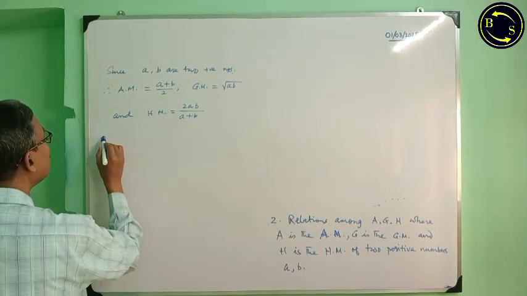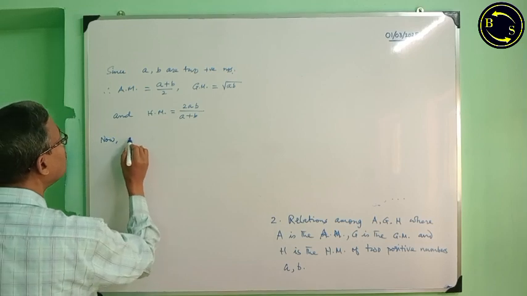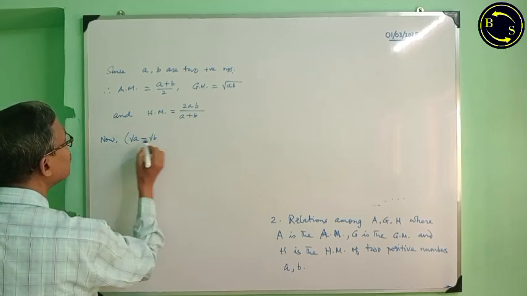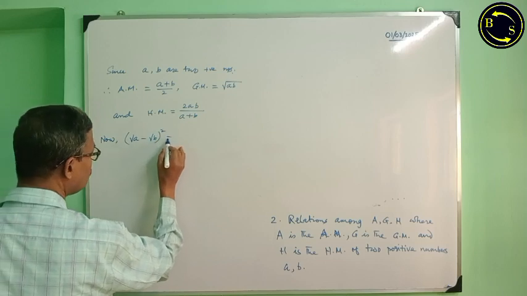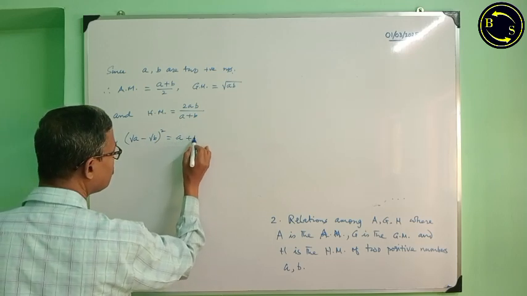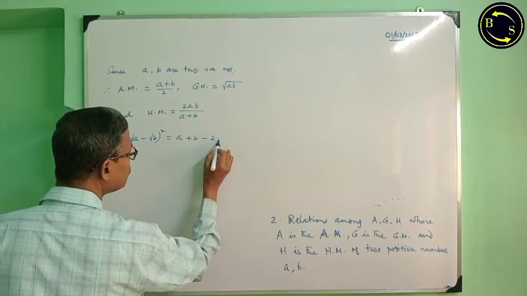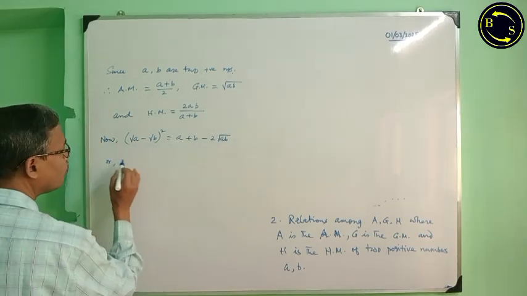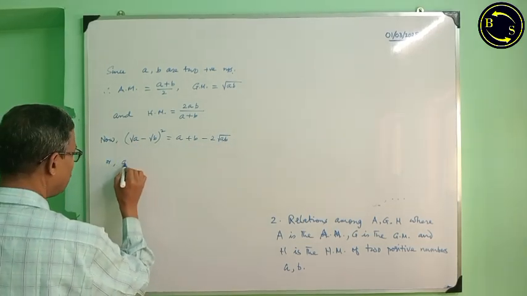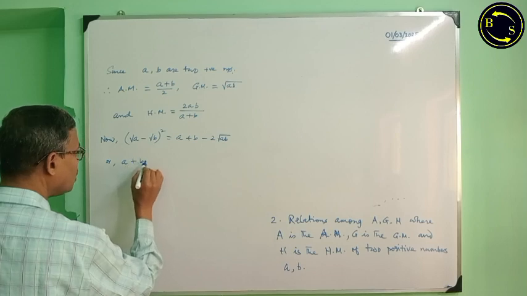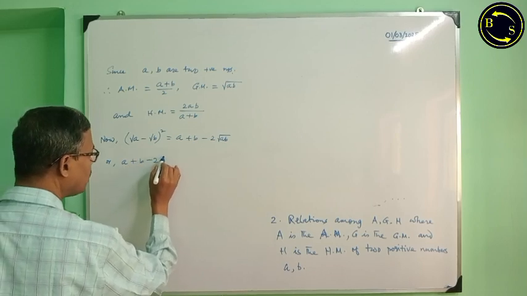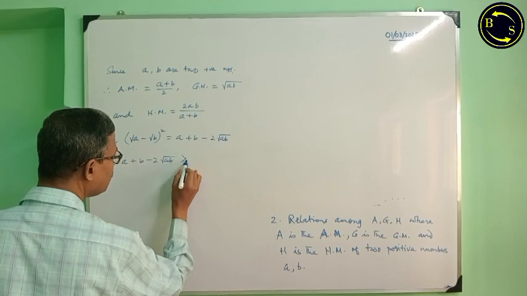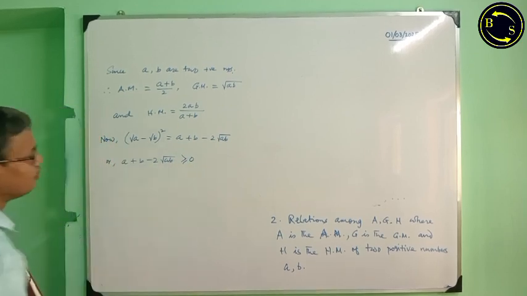Now root A minus root B whole square will be equal to A plus B minus 2 root over AB, that is greater than or equal to 0.